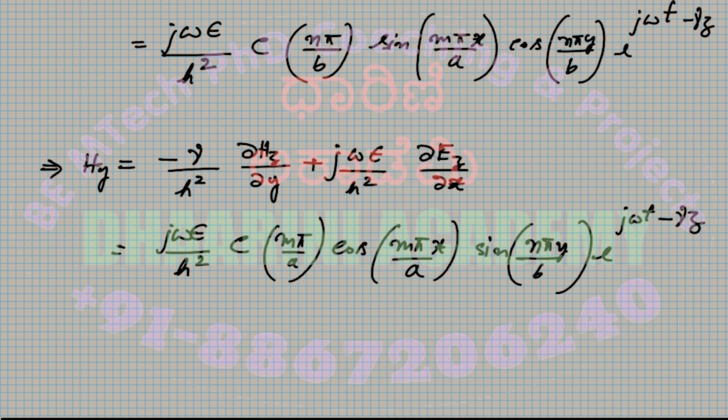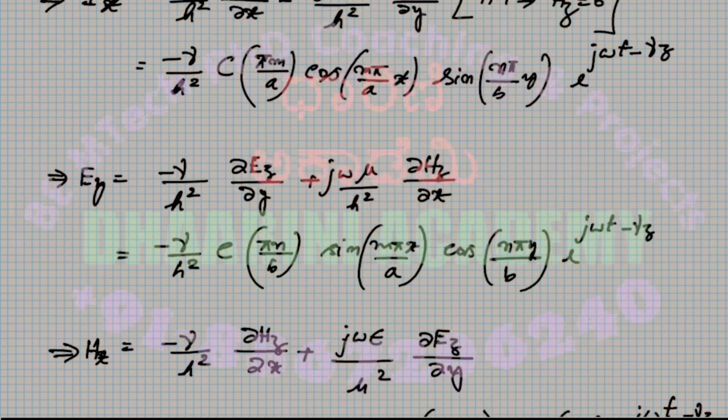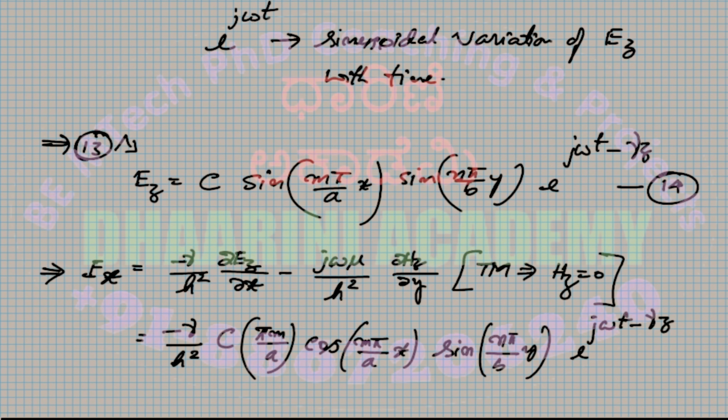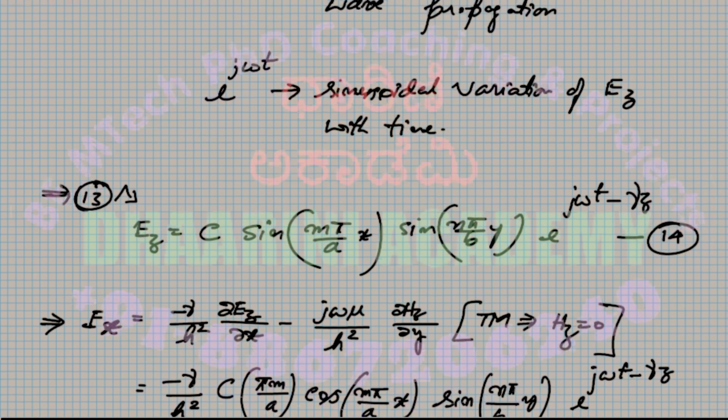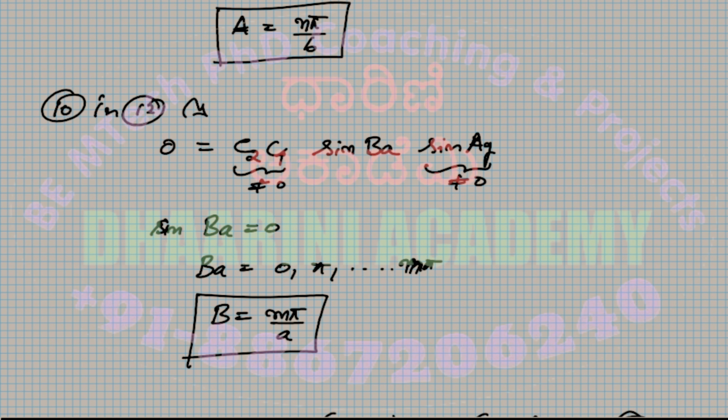Now the important aspect is that by substituting different values of m and n, you can see that there are m and n in each and every equation we have written so far. What are m and n? They are the integers for which we satisfy some of the conditions in our equation. You see, b is equal to m pi by a, so that the b into a is equal to 0.